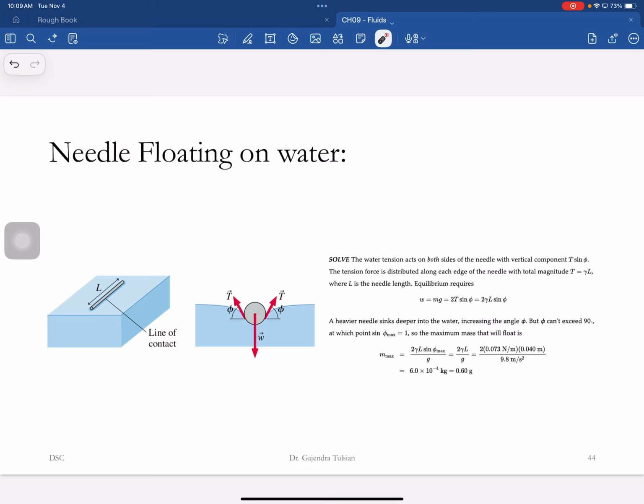Anyway, so what this is showing you is for a needle that is 4 centimeters long, a little less than 2 inches, the maximum weight it can support is 0.6 gram, about half a gram. So that's what this problem shows you.